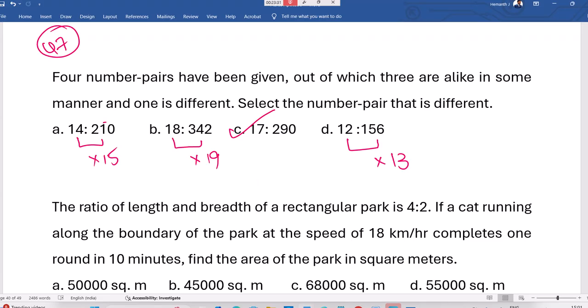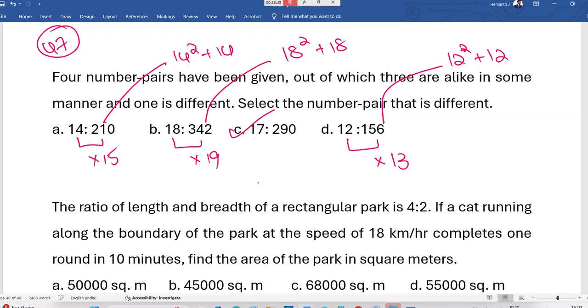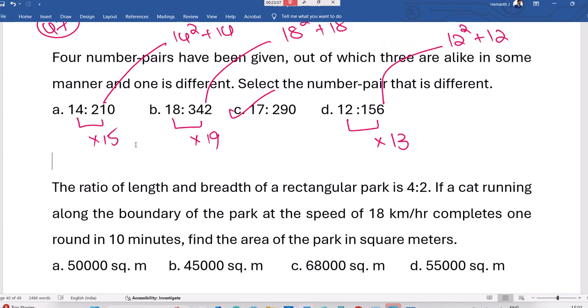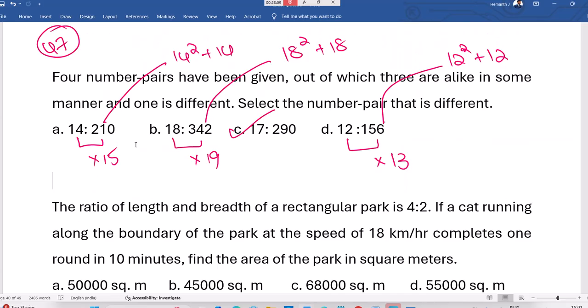Or I can say this is 14 square plus 14. This is 18 square plus 18. 12 square plus 12. 290 is wrong. Remaining all following certain logic. I said one is different. One is not following a logic that we need to identify. That's what this. Now enter into that areas and volumes related stuff.